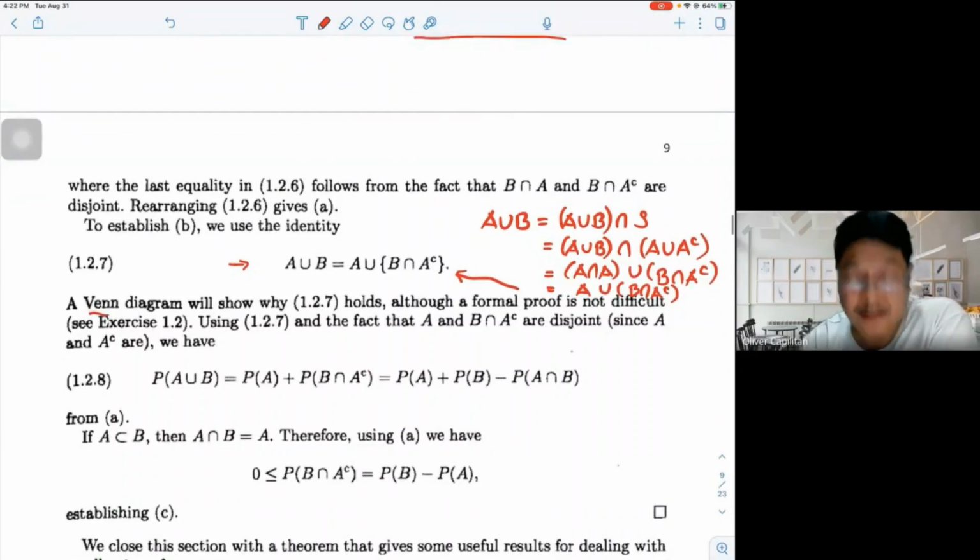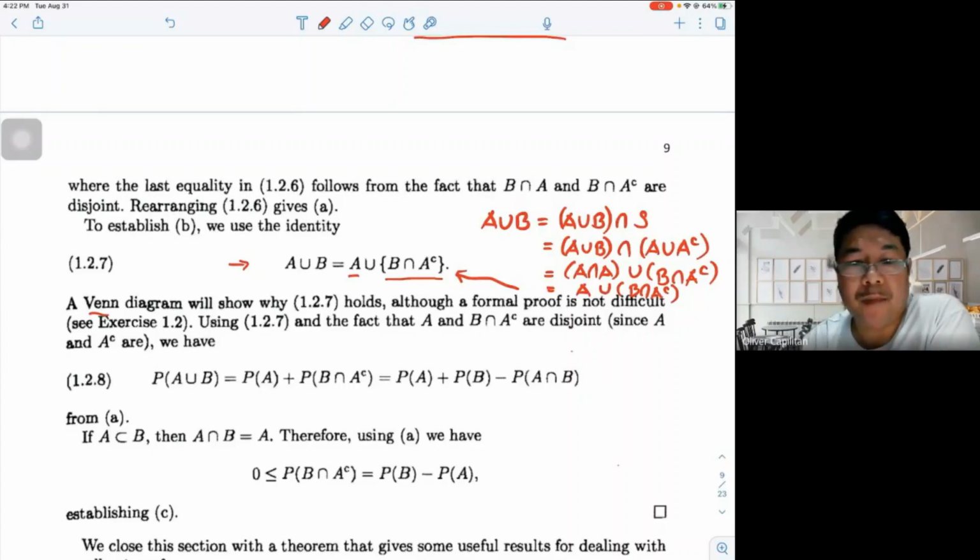Okay, notice that A intersection B intersection A complement are disjoint. This set here intersection this given set here will be equal to an empty set. So these two are disjoint.